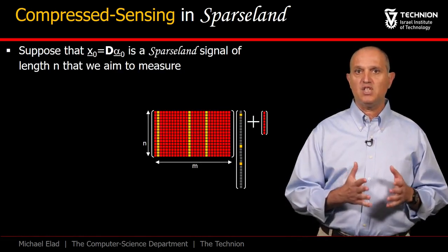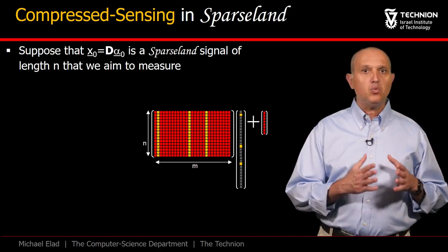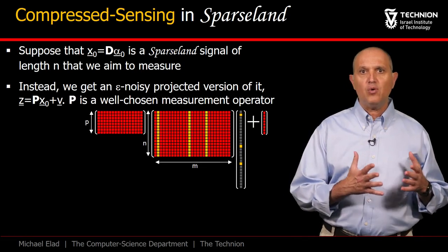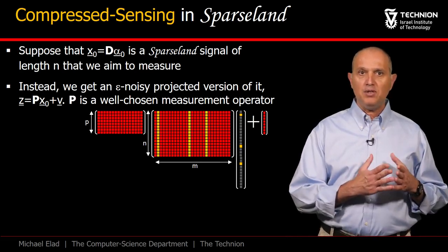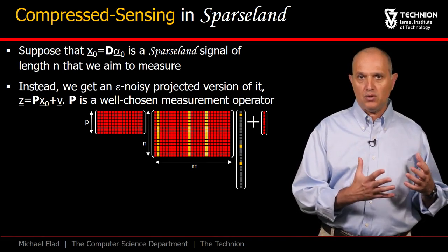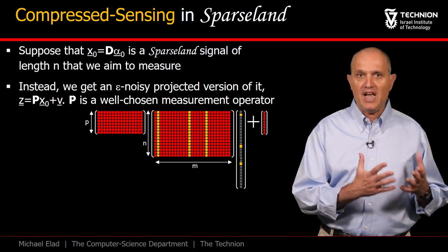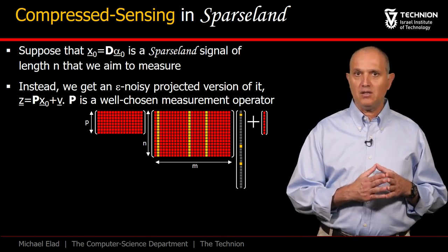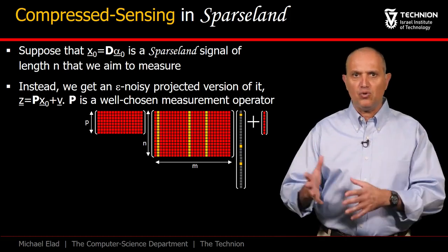Suppose that x0 is a SparseLand signal that we aim to work with. However, we do not want to measure it in full, and therefore we create a projected version of it of low dimensions. Capital P is a projection operator, in which the number of its rows, lowercase p, is much smaller than the signal dimension n. In order to be practical, let's assume that the projection is accompanied by an additive noise.